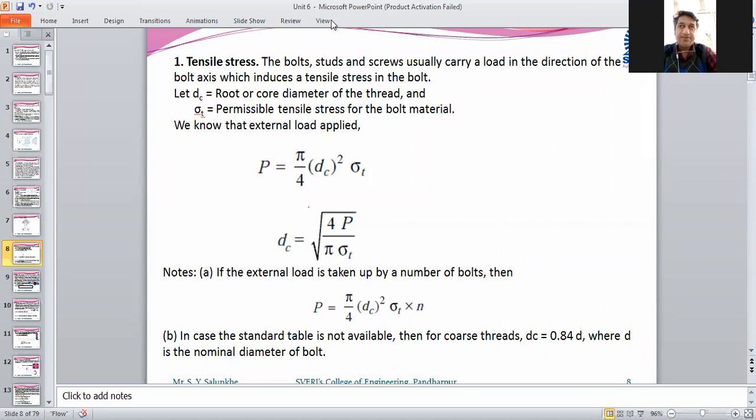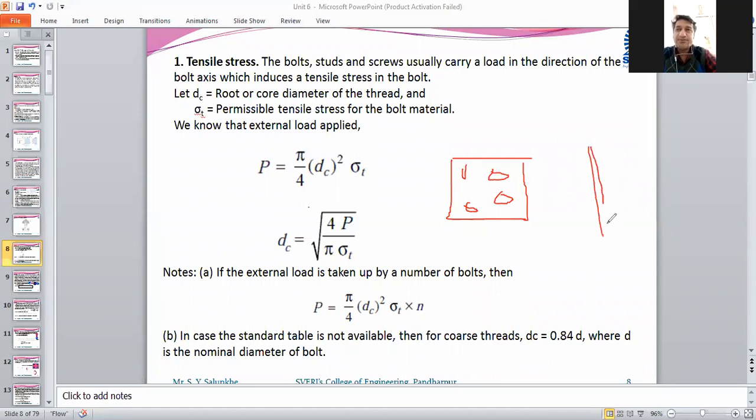Getting? And if suppose we are going to use many number of bolts, suppose number of bolts used as n to sustain the same amount of load which is applied. If 4 number of bolts are used, then this total load which has been applied will get distributed for these 4, because suppose 2 plates are connected together.